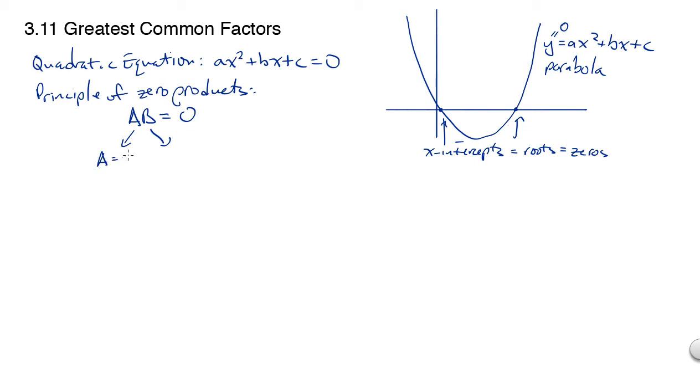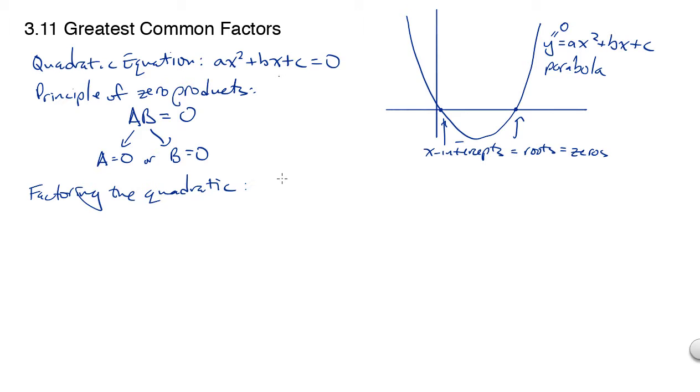Well, either one of them is 0, or the other one is 0. They could potentially both be 0, but at the very least, one of them has to be 0 in order for their product to be 0. How we'll use this principle is by factoring the quadratic.